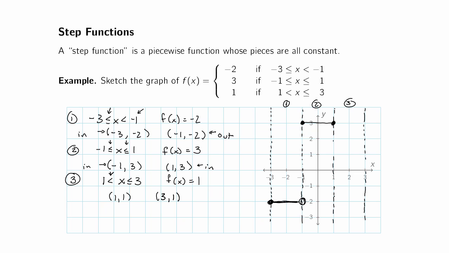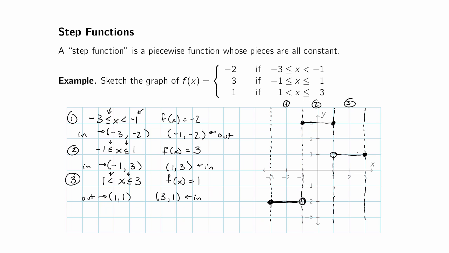On this piece, x is not allowed to equal 1, so this point is out. But x is allowed to equal 3, so this point is in. We'll have an empty dot at 1, 1, and a filled in dot at 3, 1. And we connect those, again, horizontally.